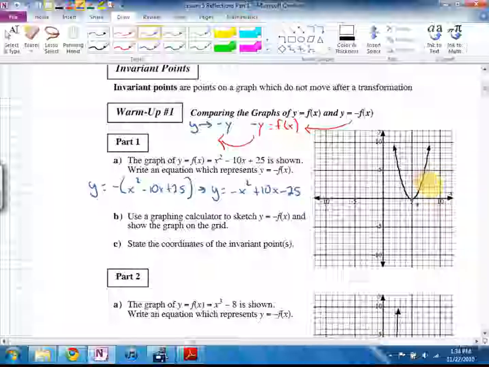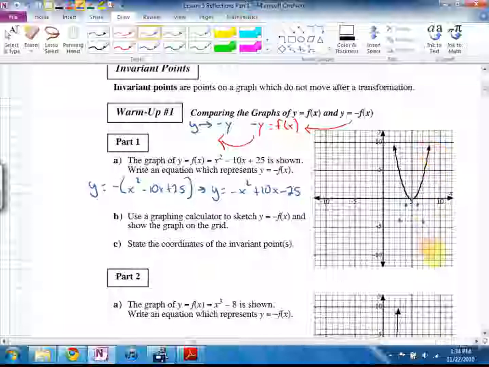This point 4 high is going to become negative 4 high. By the way, Hannah, this point to the left, which is 1 high, is going to become negative 1 high. This point over here, which is 4 high, is going to become negative 4 high. And then I think there's a 3 over 1, 2, 3, 4, 5, 6, 7, 8. Yeah, right here is 9 high, and it's going to become negative 9 high.